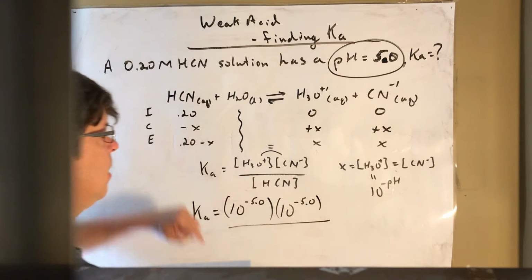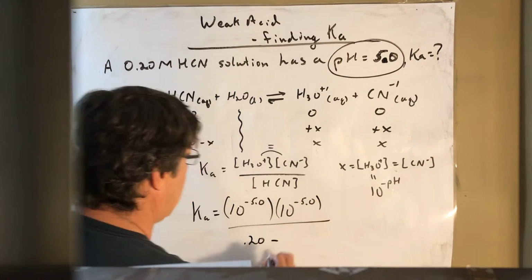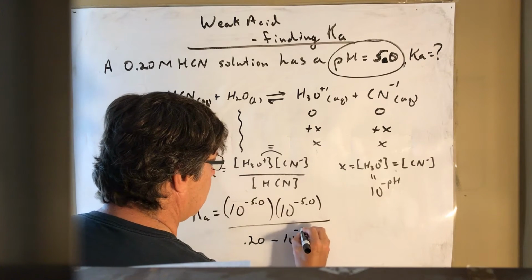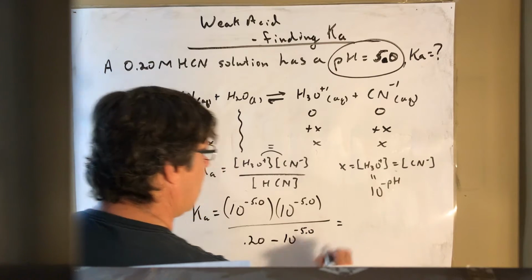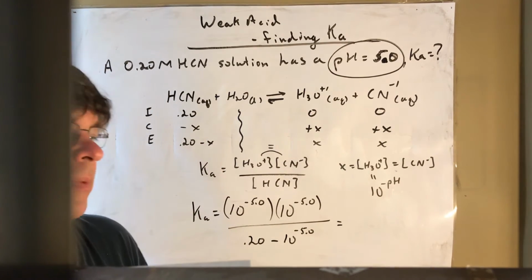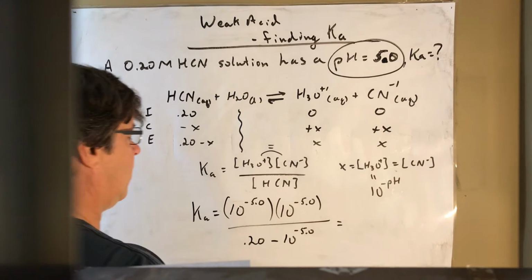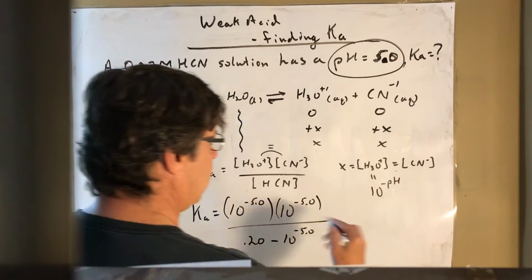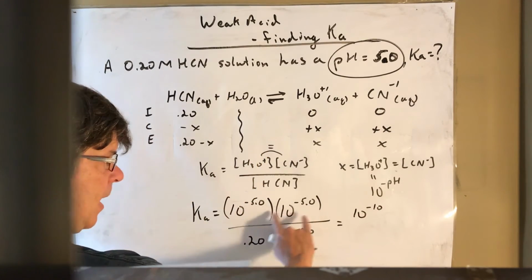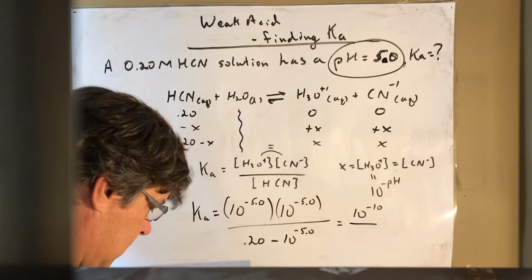Divided by, all right, then this is this, 0.20 minus an x, of course we said was this, 10 to the negative 5.0. All right, so let's do that on our calculator and see what we get here. 10 to the negative, of course we know what this is. We know this is 10 to the negative 10th, right? So you add exponents when you multiply. So we should do this on our calculator though.